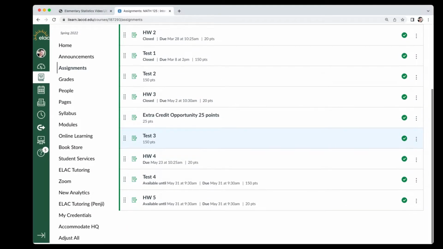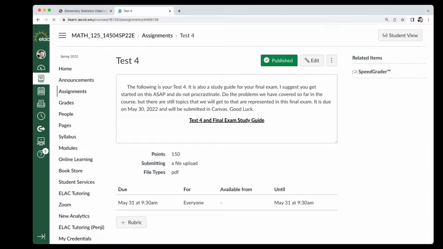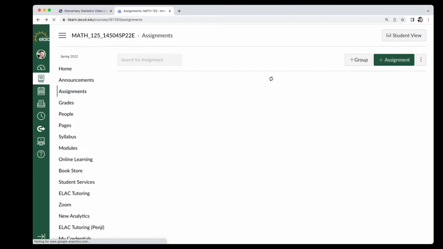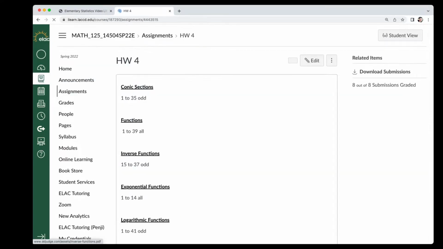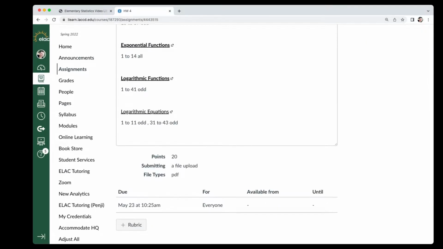What you meant by your homework? What do you mean? Okay, let's take a look here. So, assignment, homework 4. Oh, that's test 4, sorry. So, homework 4 was done. Is that right?